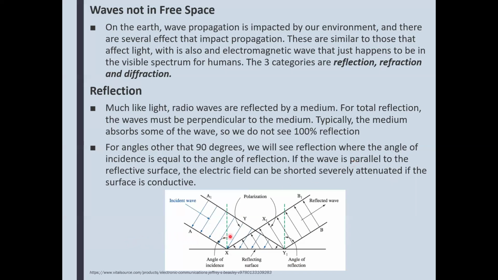So if it goes this way here, then the electric field can be absorbed by the ground, so that will be a shorting, and that would be a severe attenuation problem. Just dwell on that idea, please.